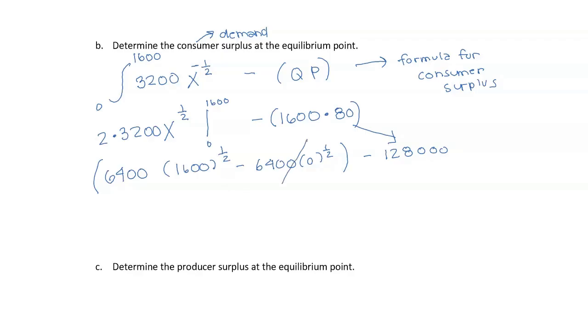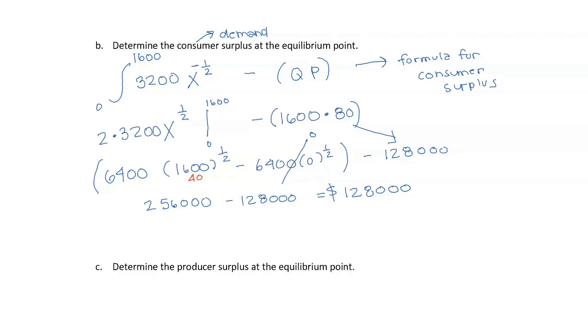All right, this term there, that's 0. Then when I do 6,400 times the square root of 1,600, the square root of 1,600 is 40. So 6,400 times 40 is going to be 256,000, and minus my 128,000, this is going to be $128,000. That is the consumer surplus.